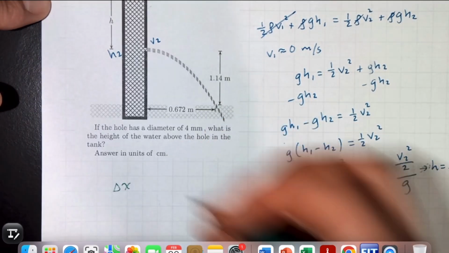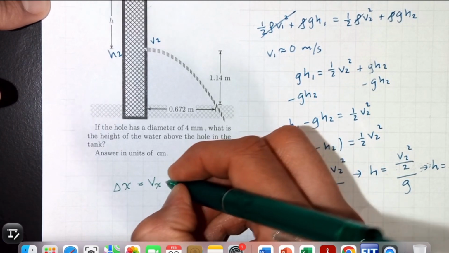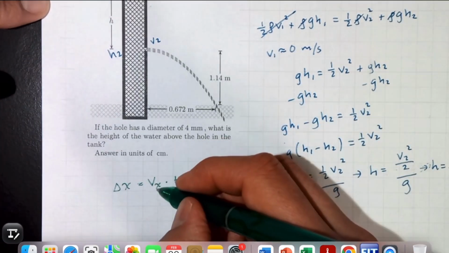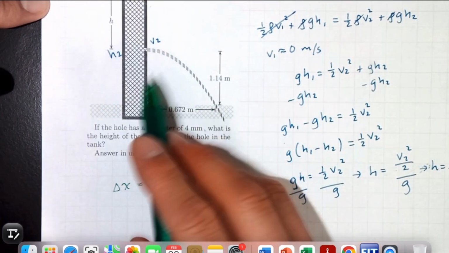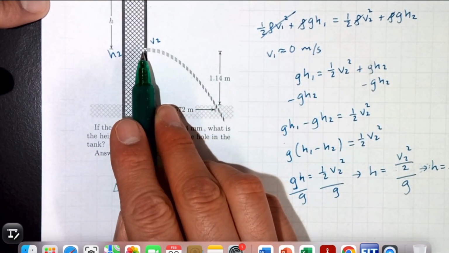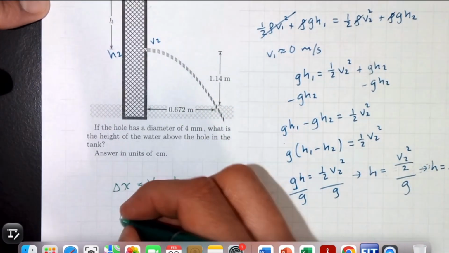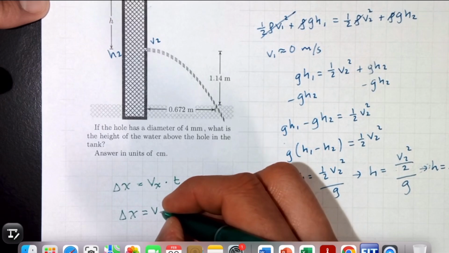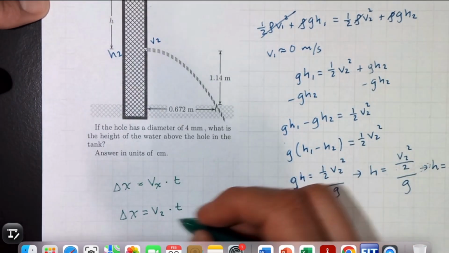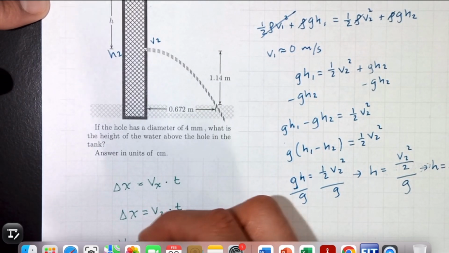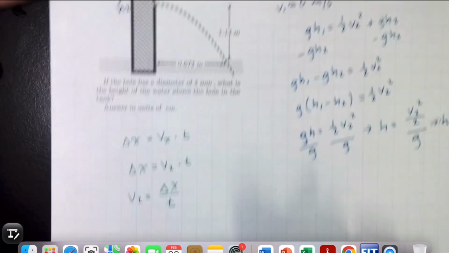And the equation that I know works with delta x is velocity along the x multiplied by time. Velocity along the x and v2 are the same thing because, as you can see here, the water has only a horizontal component. It has no vertical component. So then I can say delta x is equal to v2 multiplied times t. To find velocity 2, we just divide by time. And velocity 2 is delta x divided by t.